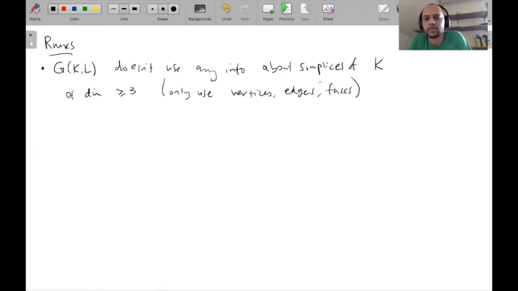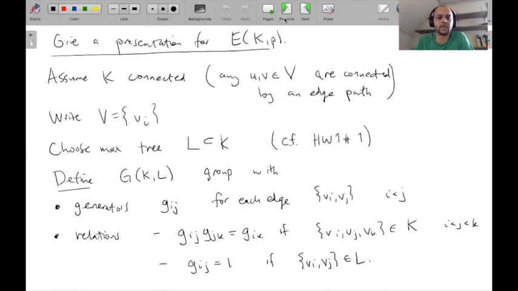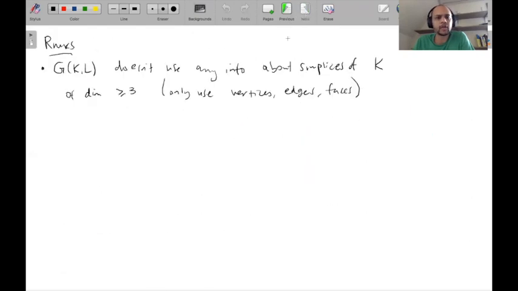Okay, so well, this is a useful observation. I mean, here in defining this group, the only data that we used was things about edges and triangles in the simplicial complex. Okay, so that's a remark.